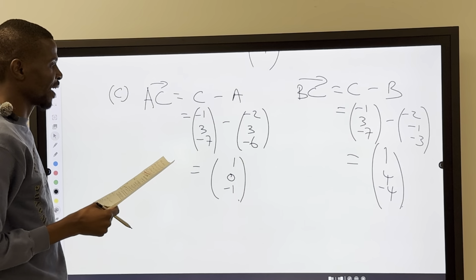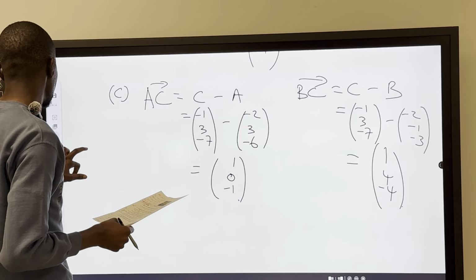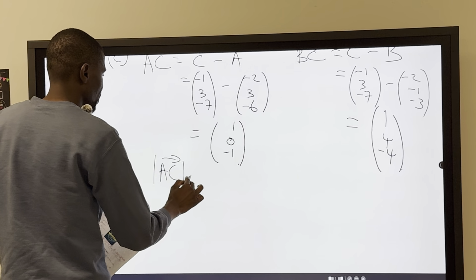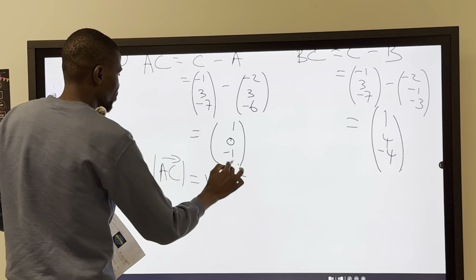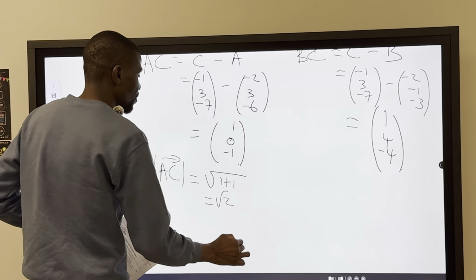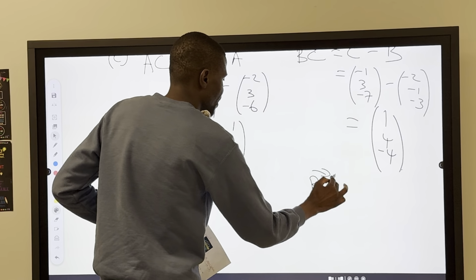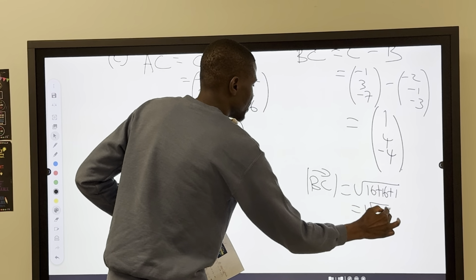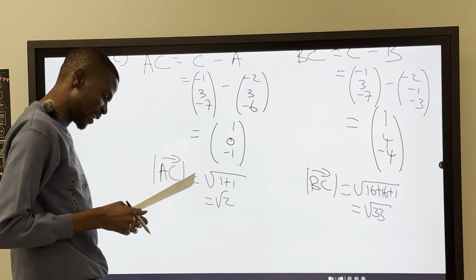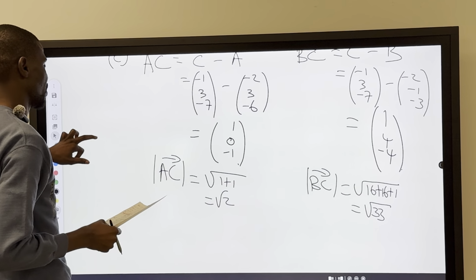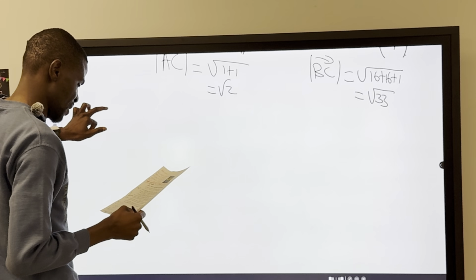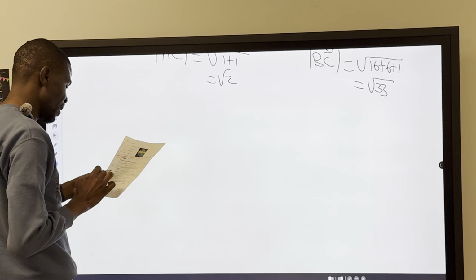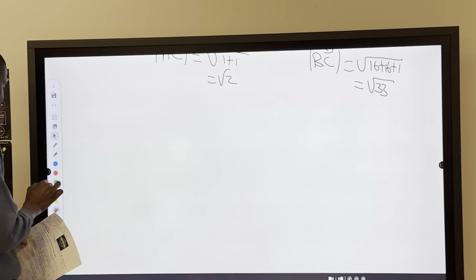Right. So once we get the two vectors, let's go ahead and find their respective moduli. Here it's just the square root of 1 plus 1, which is the square root of 2. And here is the square root of 16 plus 16 plus 1, which is the square root of 33. So now we are finding the angle, right? Remember, they surveyed, we need a diagram here.